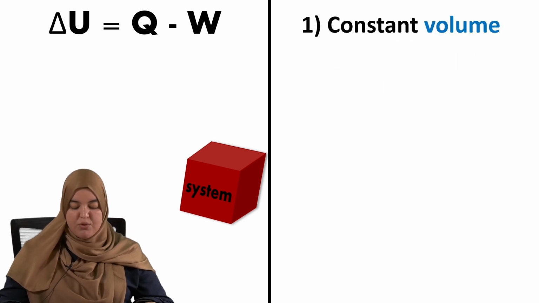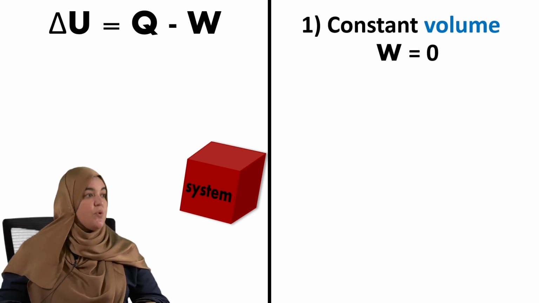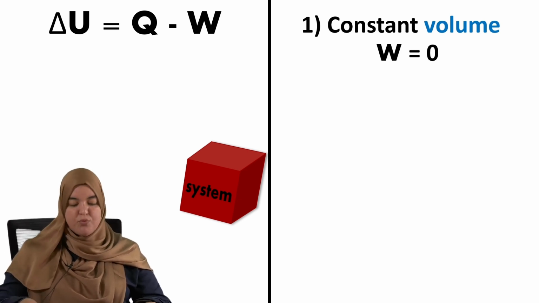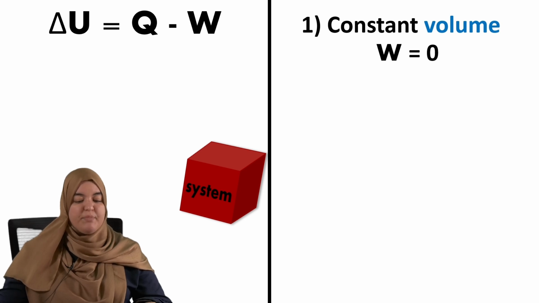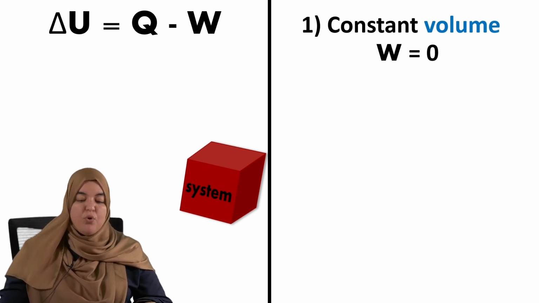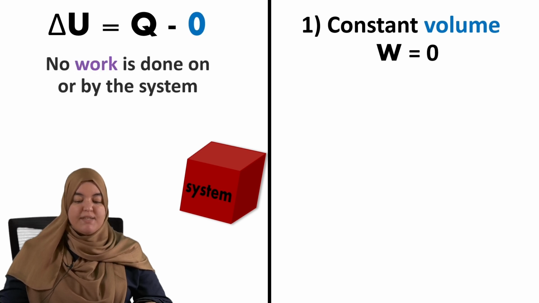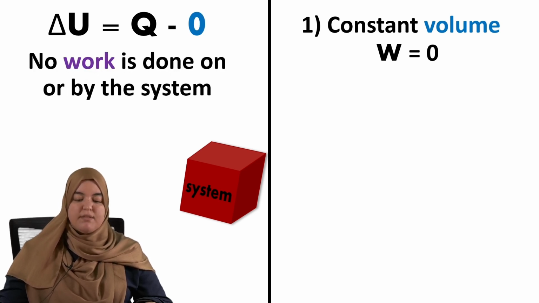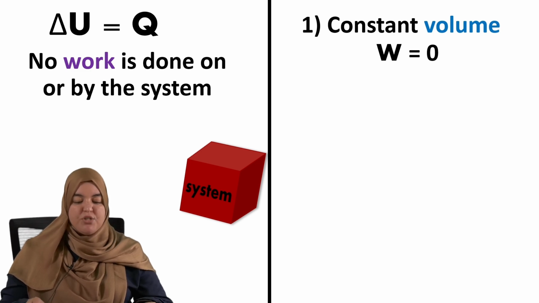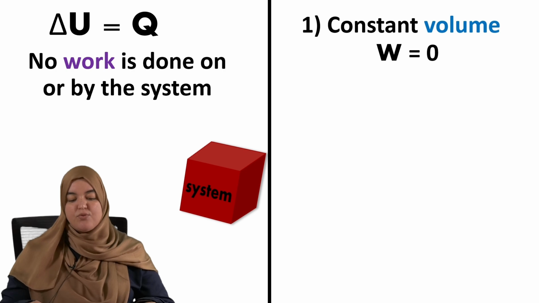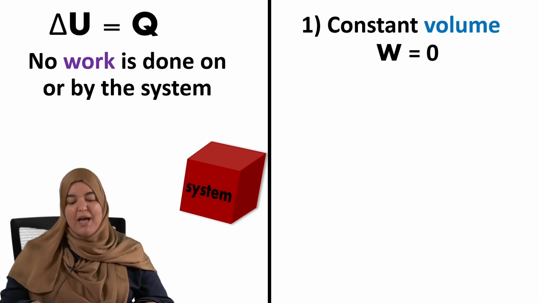If a process occurs where there is no change in volume for the system, that means that no pressure-volume work can be done on or by the system, so work is zero. In such a case, delta U equals Q, and any change in internal energy must be the result of heat transfer in or out.